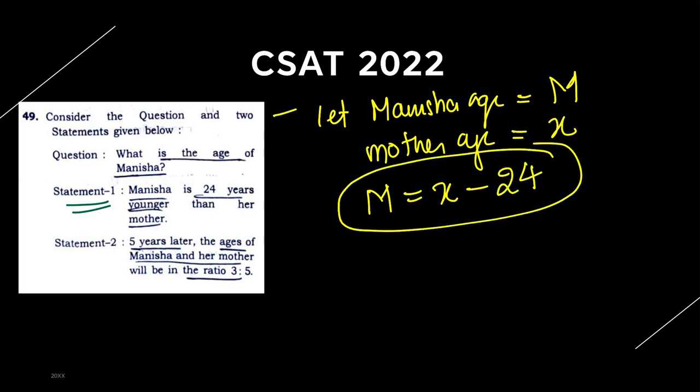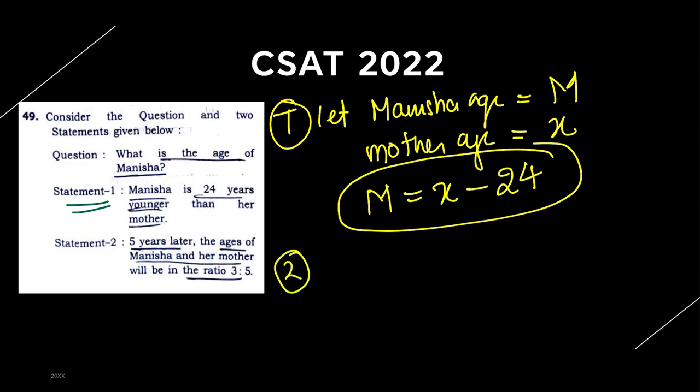Using only this statement, can you tell me the value of M? No, because to calculate M you need the value of X, meaning you need to know the mother's age, and only then can you subtract 24. Using only statement 1, we will not be able to find a solution.